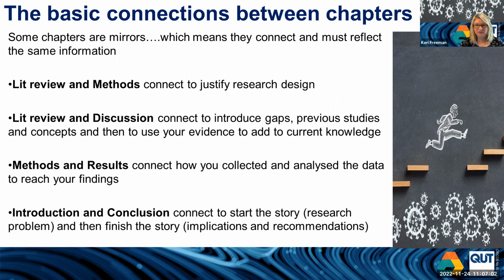The added bonus of the discussion is we've got your empirical evidence in there that's going to add to current knowledge. Of course, the methods and results are connected, which is why we need to remind the reader, these are the findings that have been yielded from the data that was collected in this way and analyzed in this way. And of course, your introduction and conclusion, we know they connect as well.